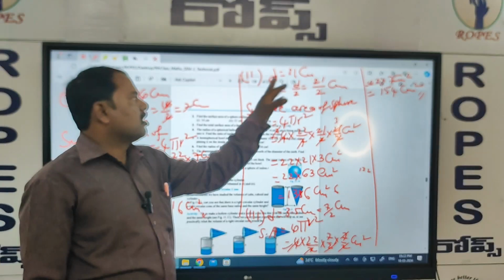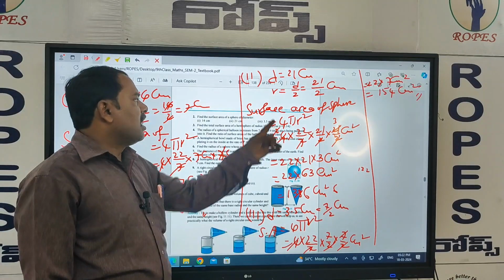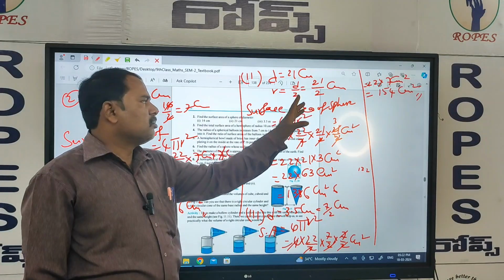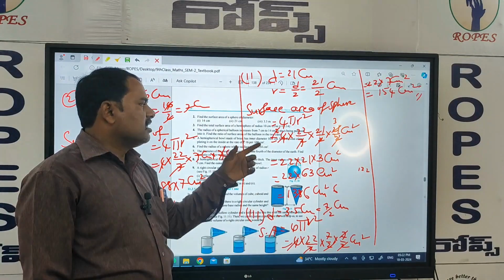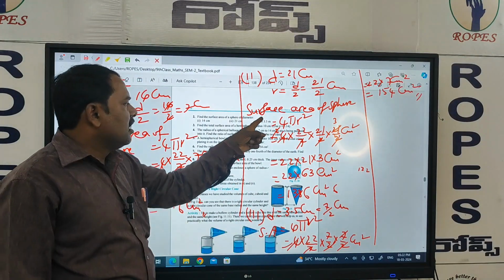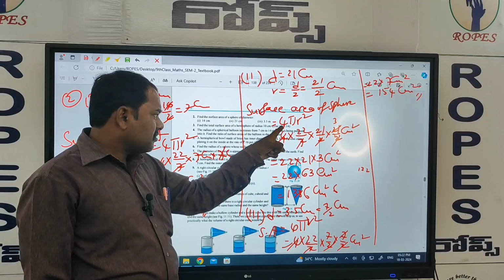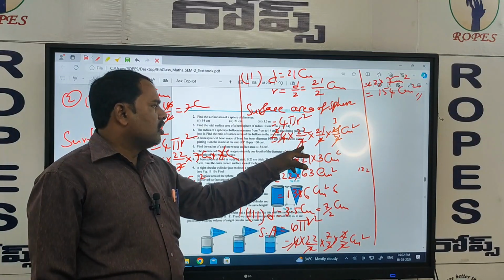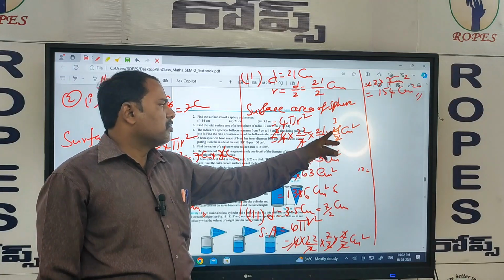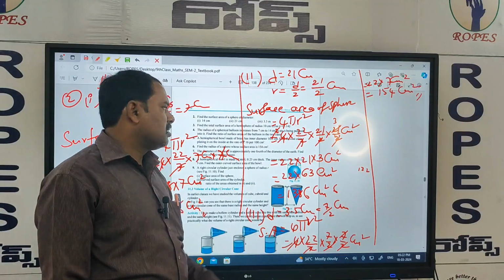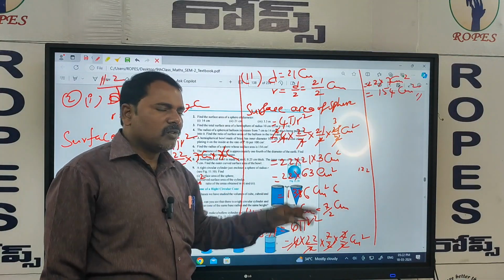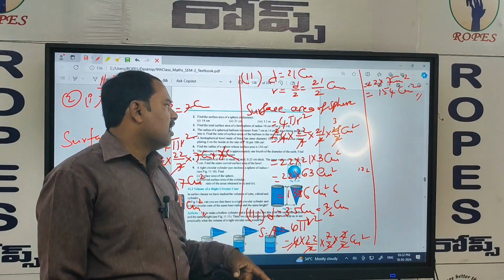In the second question, diameter 21 centimeters is given and r is equal to d by 2, that is 21 by 2. If you write it as usual, it is easy to cancel. That's why the surface area of the sphere is 4 pi r square, 4 into pi value 22 by 7 into 21 by 2, 21 by 2 centimeters squared. So 2 2s are 4, 2 1s are 2, 7 1s are 7, 7 3s are 21.